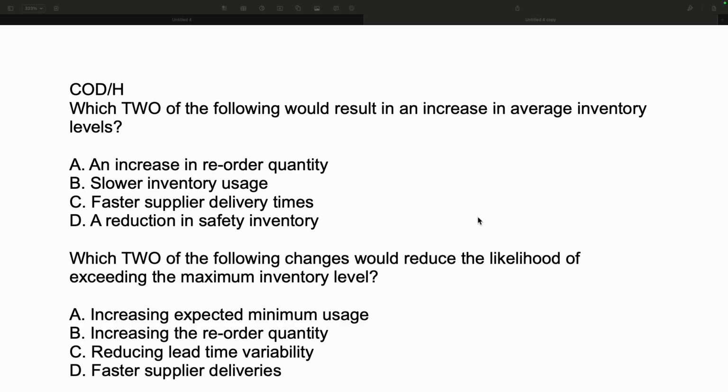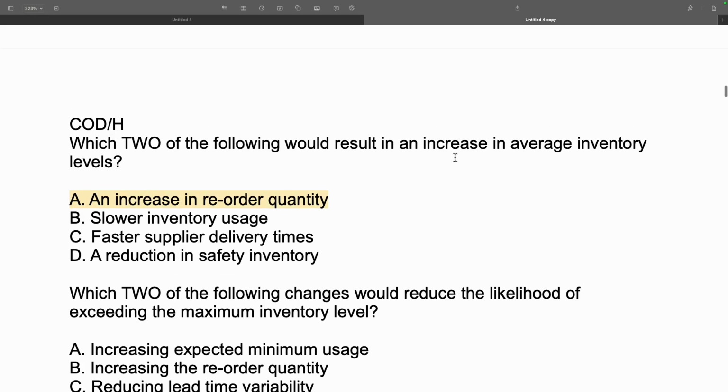Which two of the following will result in an increase in average inventory level? So average inventory level will increase when there is an increase in reorder quantity. So remember, an increase in the reorder quantity. Okay, that's one.